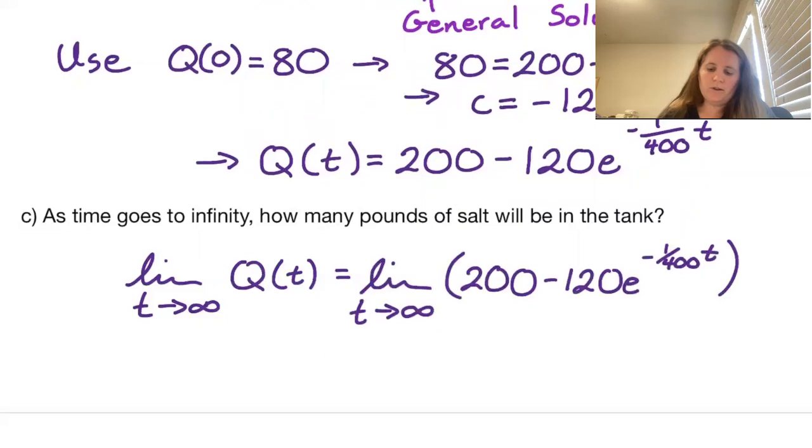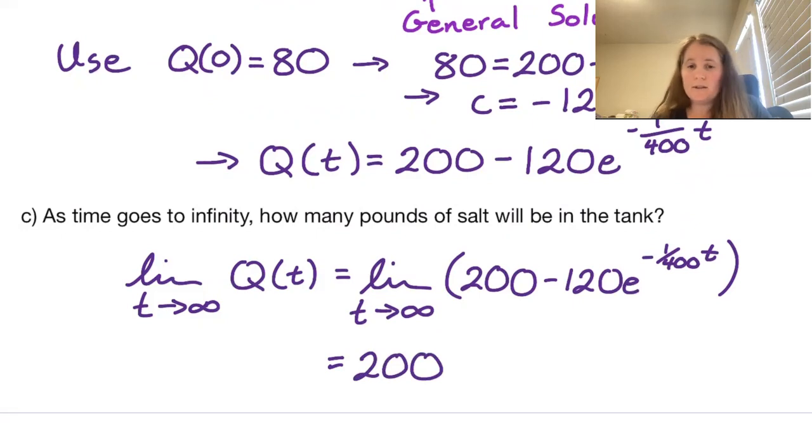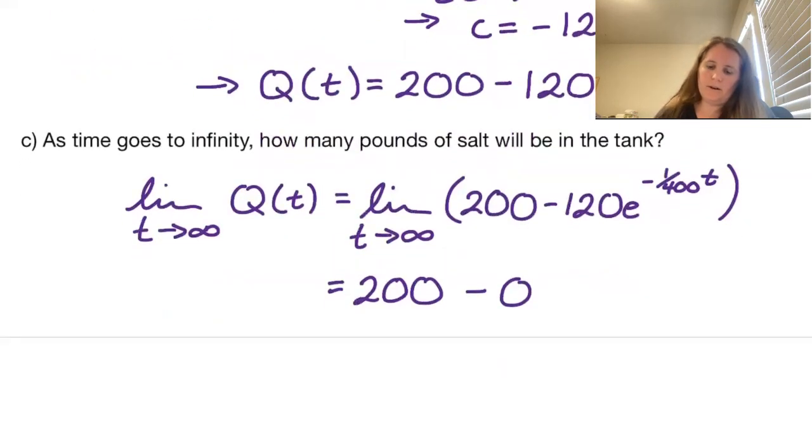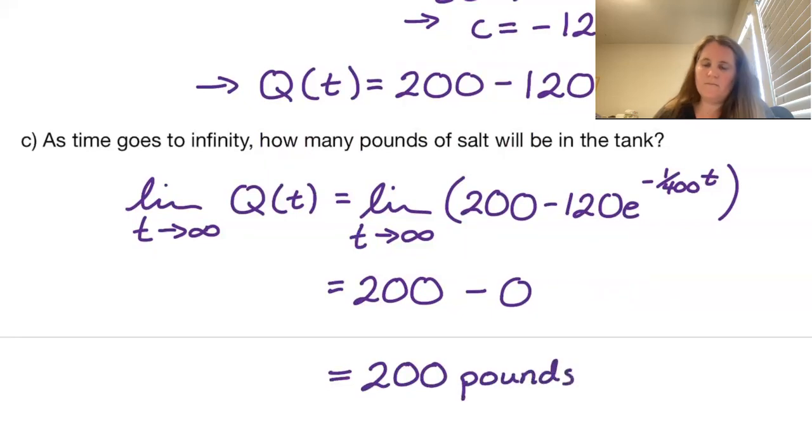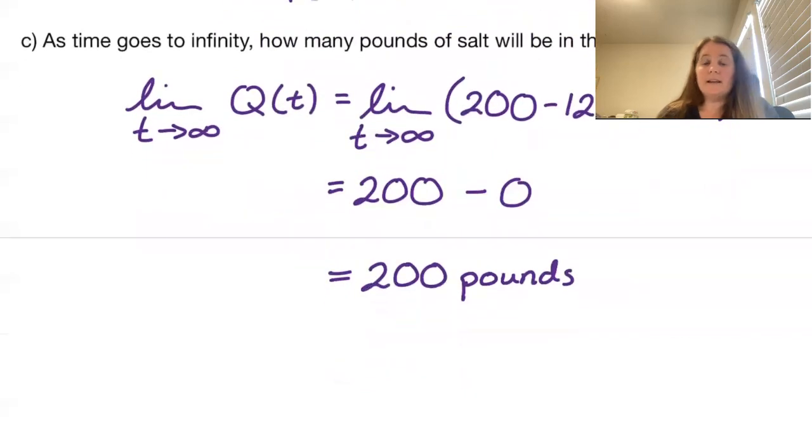That first component just goes to 200. The e to the negative 1 over 400 t approaches 0. So this goes to minus 0. And we just get 200. So as time goes to infinity, the quantity of salt in the tank approaches 200 pounds.